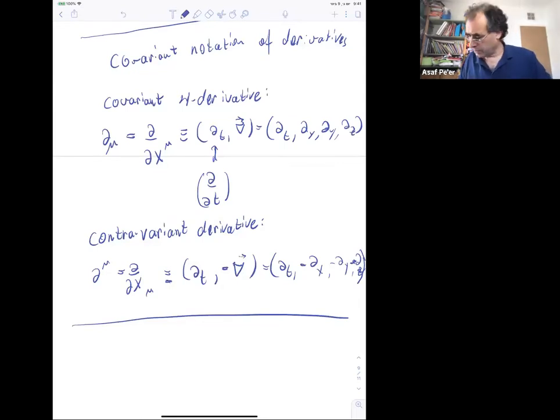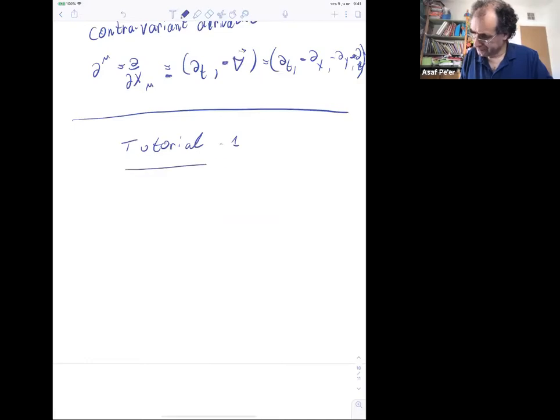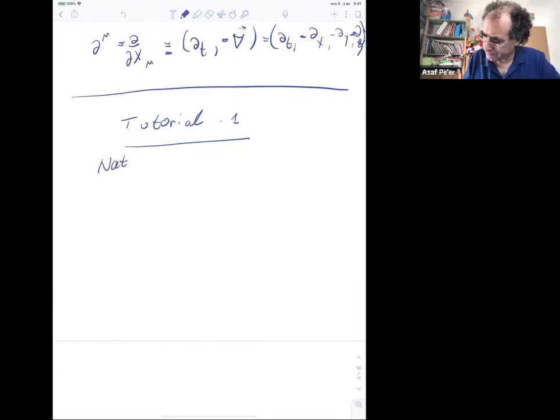All right, so we're going to begin our tutorial. Tutorial 1. The tutorial now will be about natural units and relativistic kinematics.